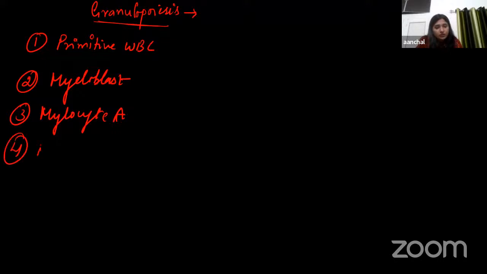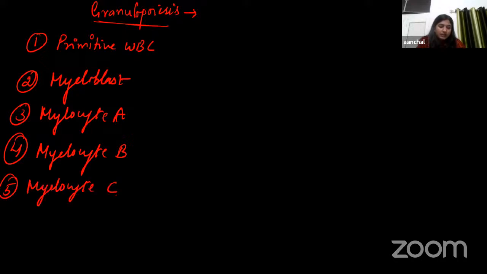Then fourth stage, we have myelocyte B, that is known as myelocyte proper. Then fifth stage, we have myelocyte C, that is known as metamyelocyte. And the last stage we have, in which we get mature WBC. Okay, so this is all about the stages of granulopoiesis.